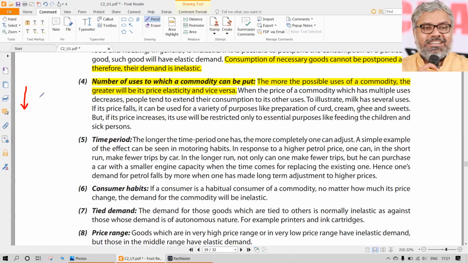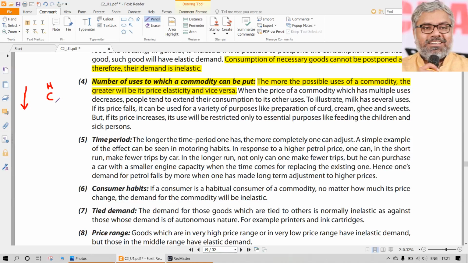But imagine if the electricity prices are reduced drastically, a lot of reduction, then we might shift from gas cooking to electrical cooking also. Means there is one use which we normally use it for, household appliances. We may extend the use of electricity for cooking also.